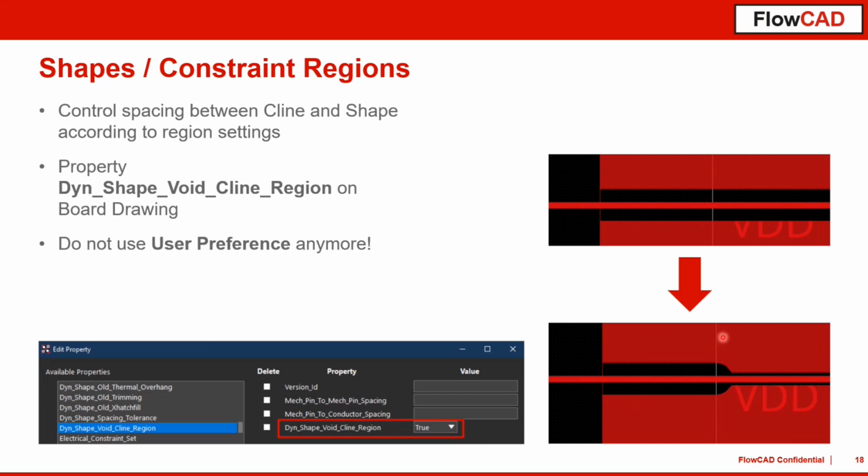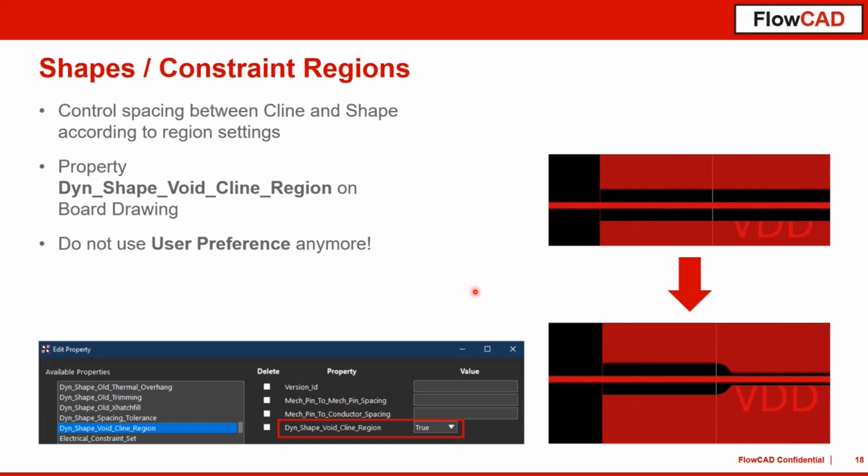If you want to really have a tighter spacing like this here below, then you can use a property again, on the complete board drawing. This is this thin shape void sense line region. And then this is behaving like this. I will show this also inside of the tool. And what I would mention, many people are not really aware that they can also set properties on a board drawing, on a complete board drawing, or even on a package drawing.